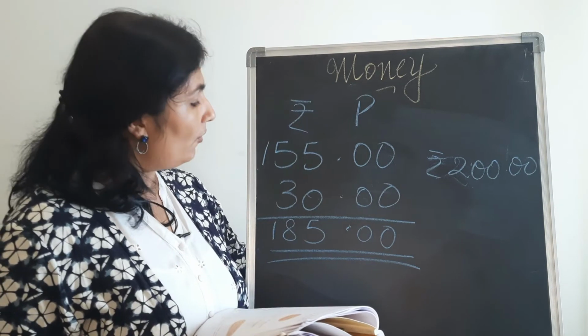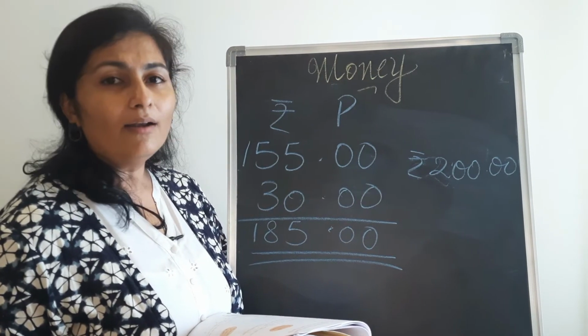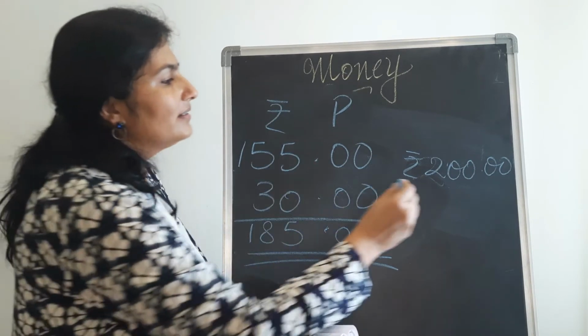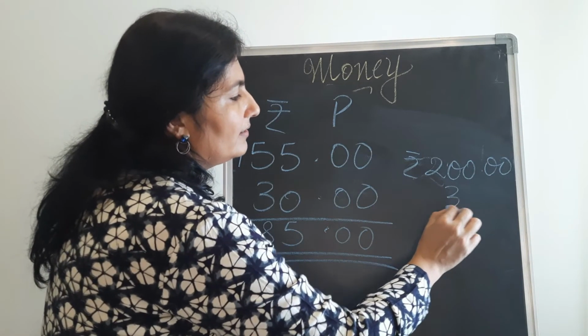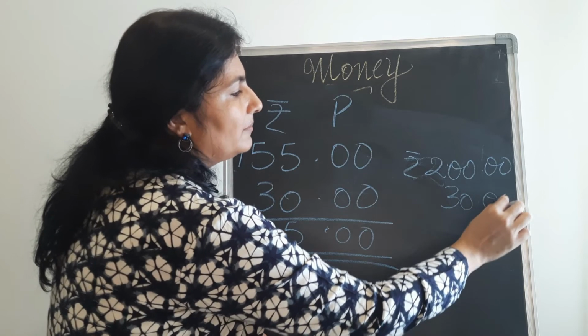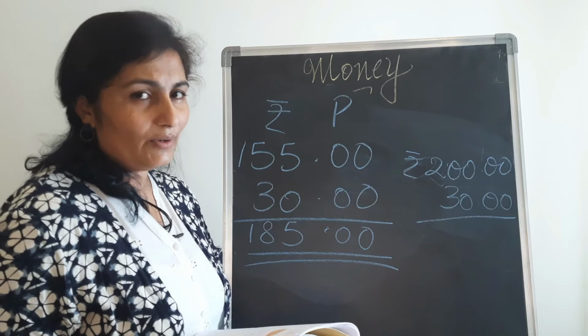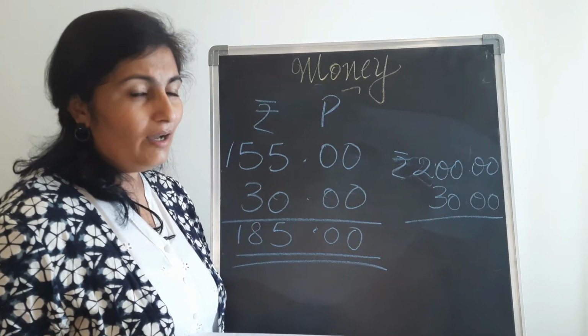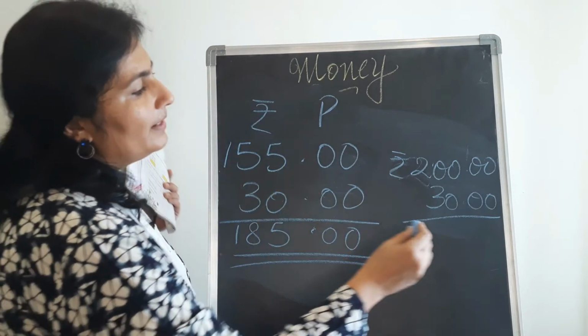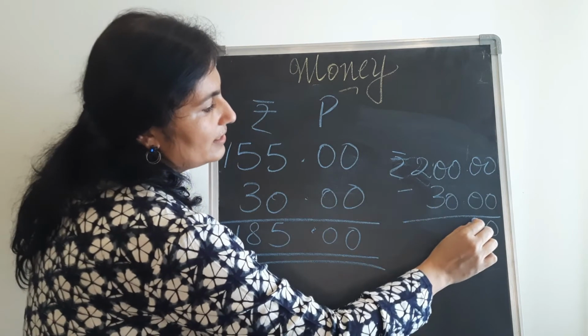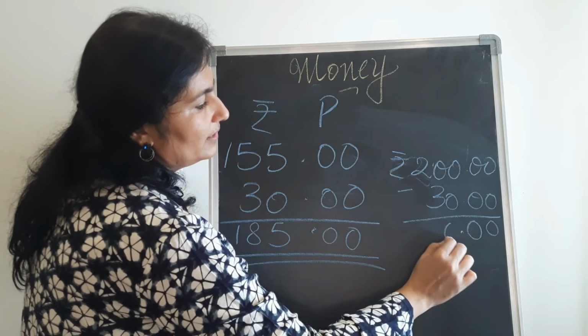What if you bought only the ball? What is the cost of the ball? 30, right? So let's try. So you are going to take only the cost of the ball. So let's see. We have to do the minus. 0, 0.